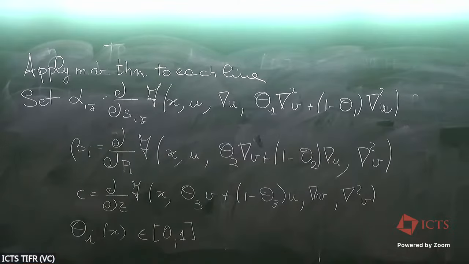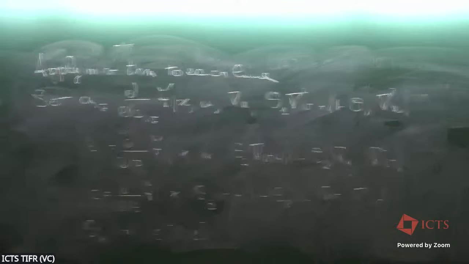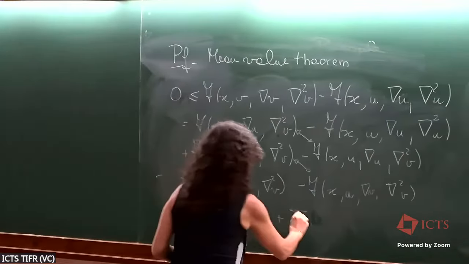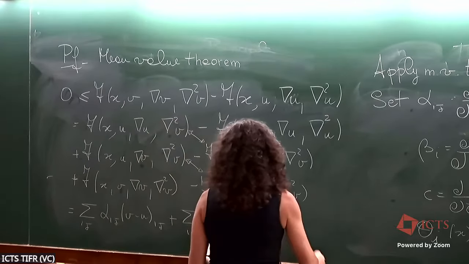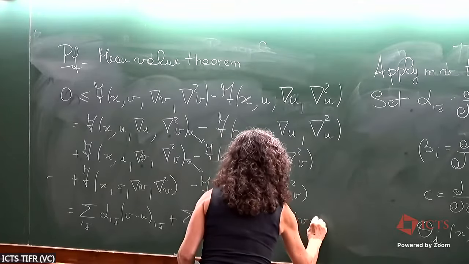So these are suitably chosen. And then you can write this inequality by the mean value theorem, because these are the functions coming out of the mean value theorem. You can write it as the sum over ij of alpha_ij times (v minus u)_ij plus the sum over i of beta_i times (v minus u) derived with respect to i plus c times (v minus u).